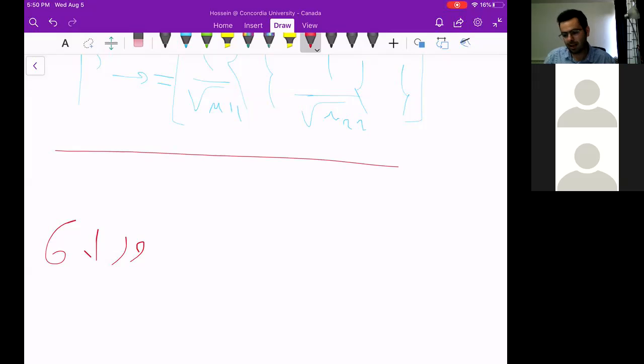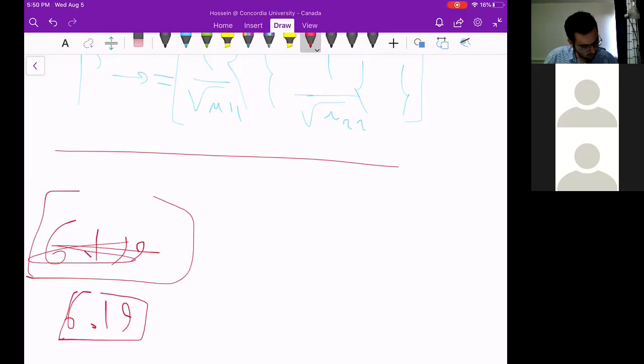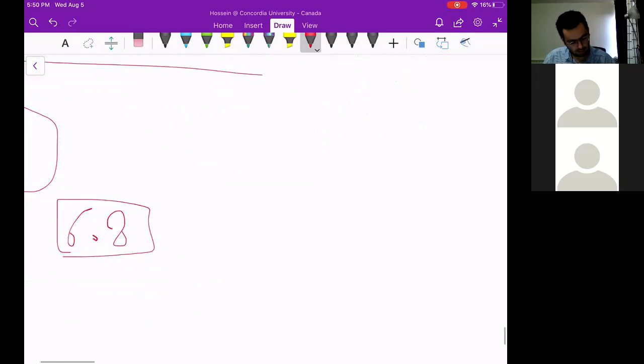Problem 6.8, a stiffness. You have to take advantage of the two-sided constraint.